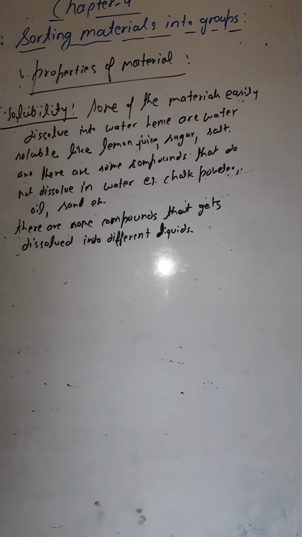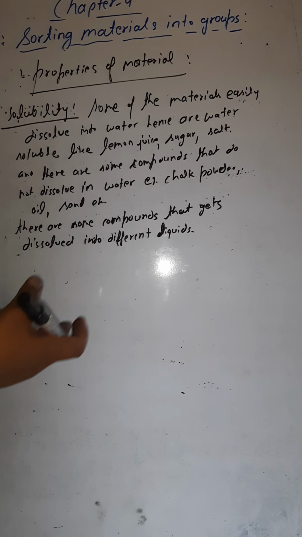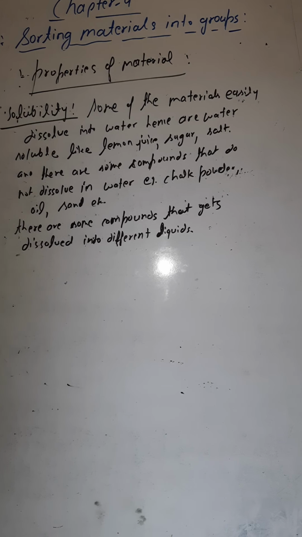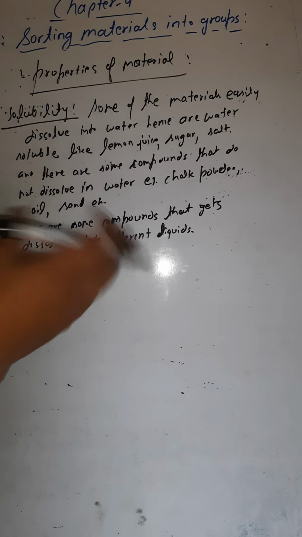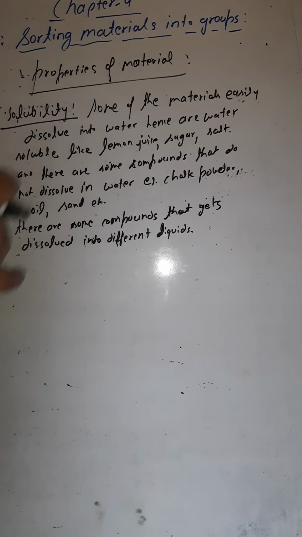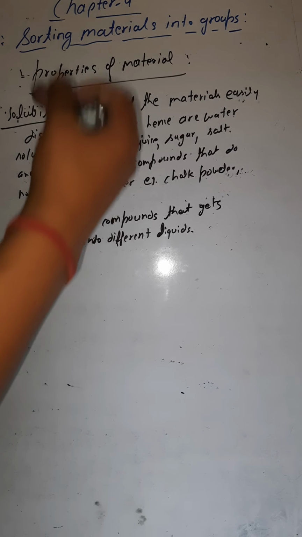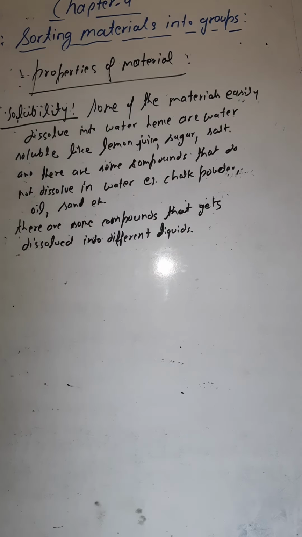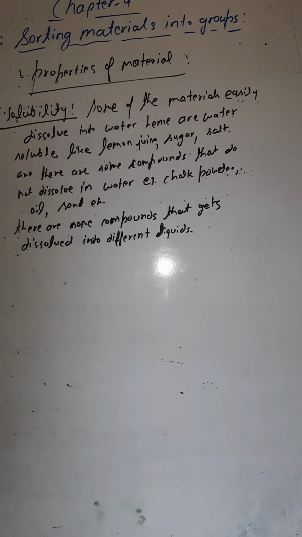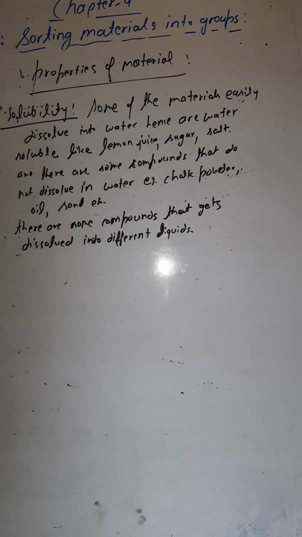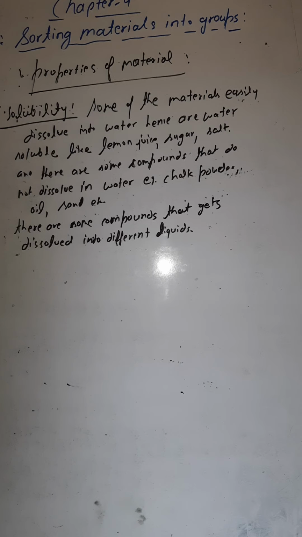Suppose you have some compounds that get dissolved in water, and some that do not dissolve in water but would dissolve into oil or some other liquids. So this is how you can know about the property of the material. That was the third one, solubility.